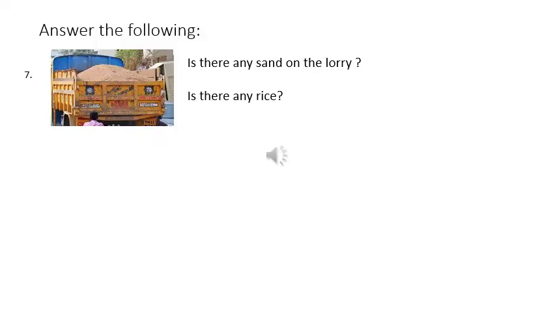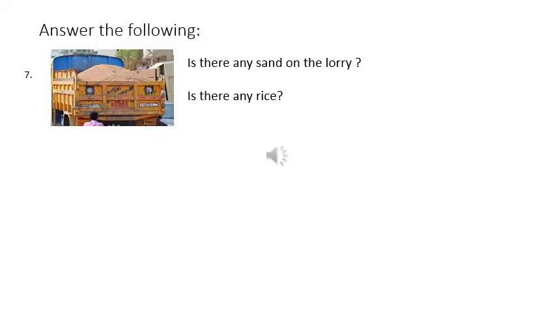Which is the key word? But. Don't forget but. Okay? You have to use but to answer both the questions in one sentence. There is some sand on the lorry, but there isn't any rice.